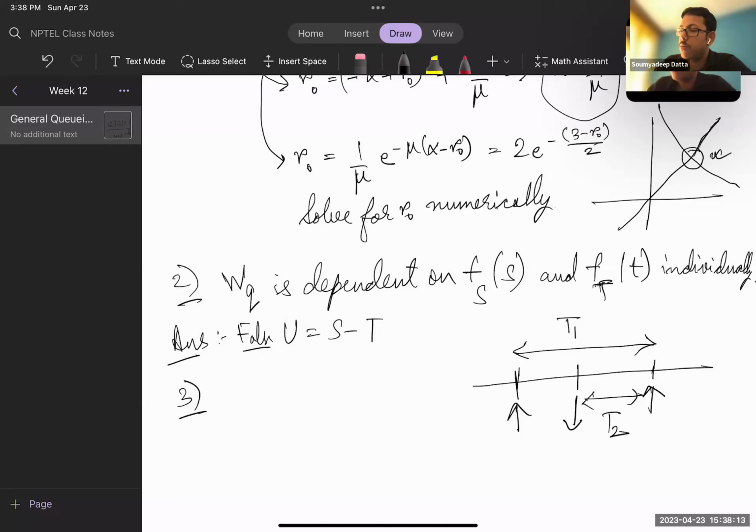So this is for a GG1Q. Is T2 stochastically smaller than T1?